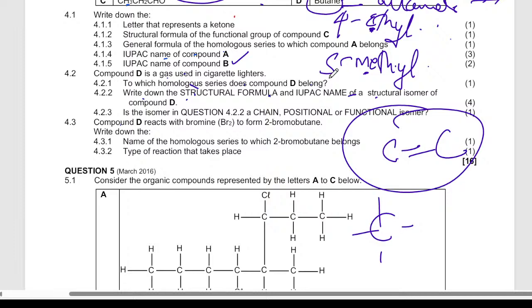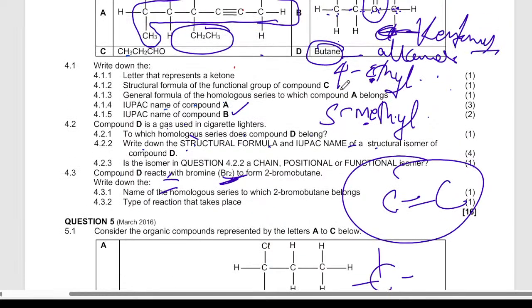If the compound is unsaturated, the bromine water, that red color, will be decolorized, meaning the red color will be taken out and it will turn colorless. So they're saying a compound reacts with bromine. The moment it reacts with bromine, it means it has a double bond, but it depends on the condition, to form 2-bromobutane, meaning that it is compound D.